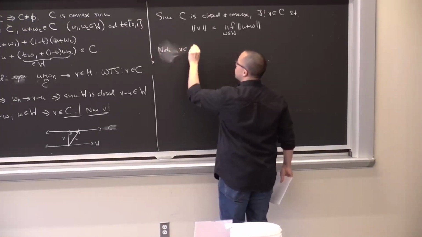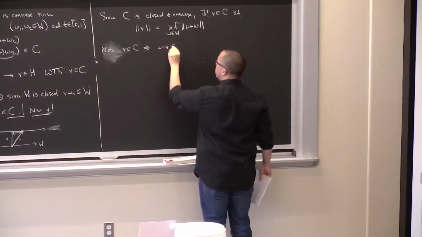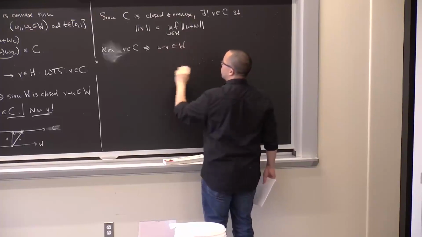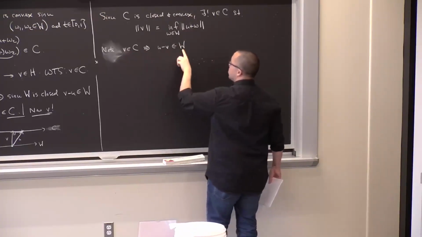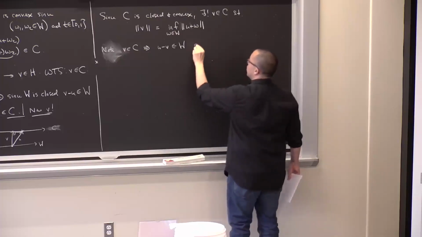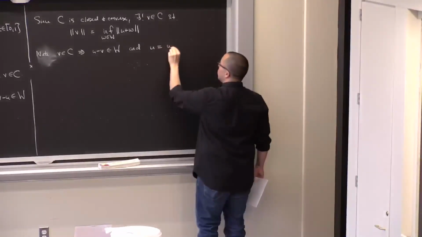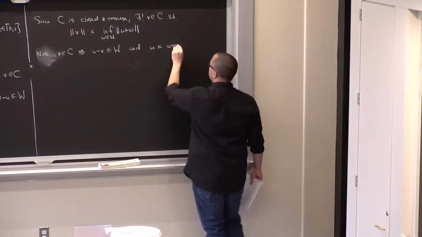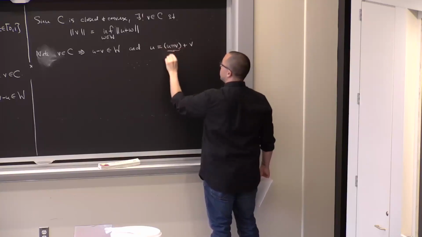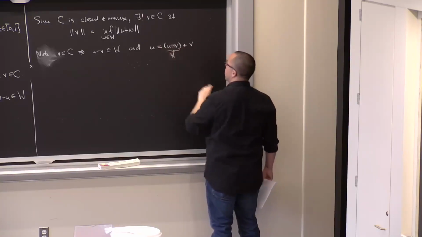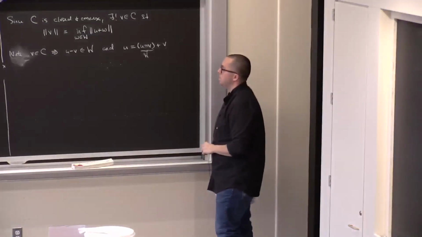Note that V in C implies that U minus V is in W, right? V is of the form U plus little w, so U minus that has to be an element of W. And we have that U is equal to U minus V plus V. So this would be the element of W, and we hope to show that V is in W perp. Okay?